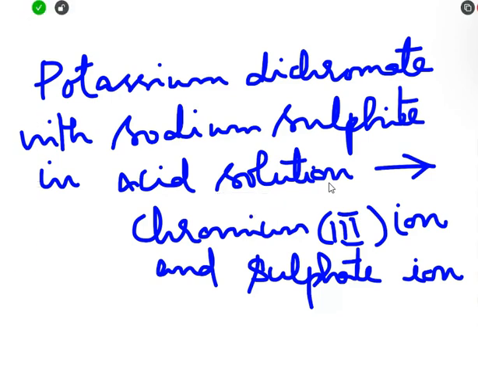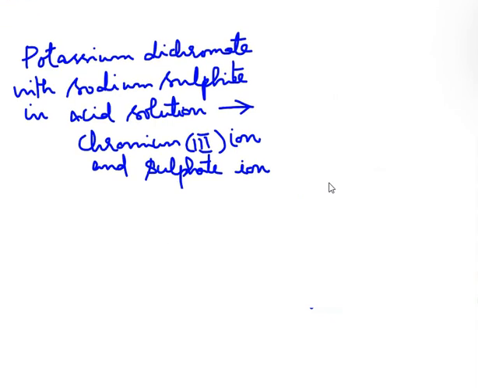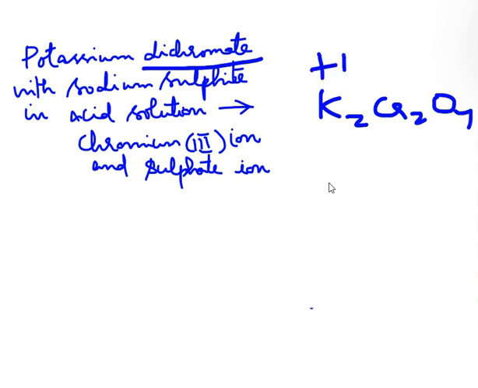Potassium dichromate, K2Cr2O7. So dichromate, what will it be? K is +1, so Cr2O7, this whole thing is going to have -2 because 2 into +1.